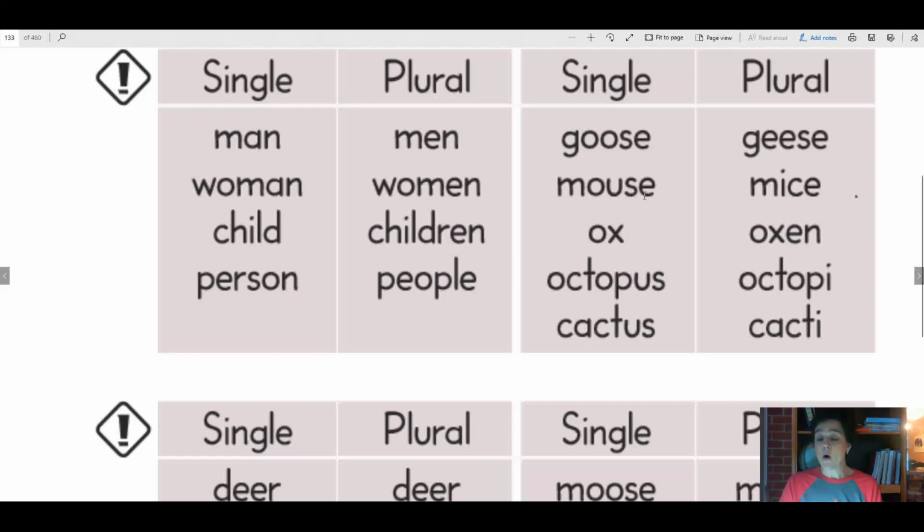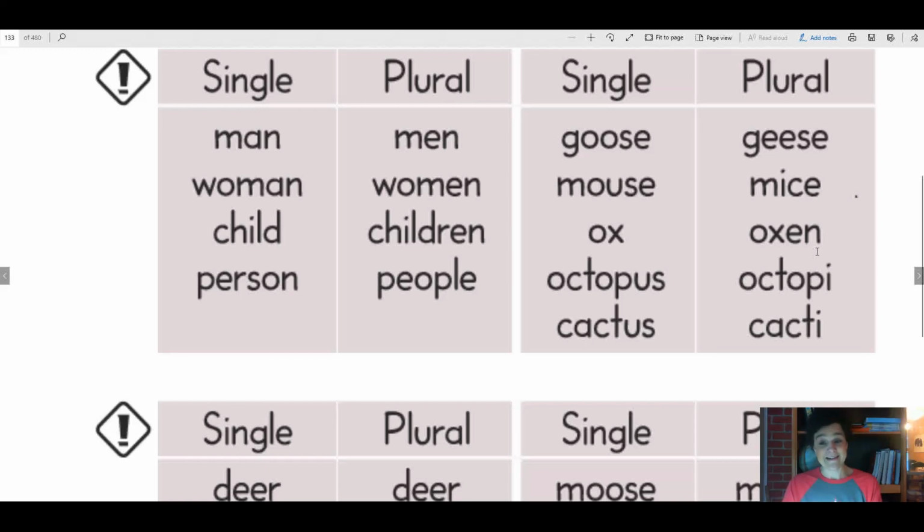One mouse or many mice? Okay? Now this one you got to pay real close attention to. Here's ox. Now an ox is kind of like a big cow. And they used them in the old days to pull heavy things. So an ox is one. But if there's many, we say oxen.